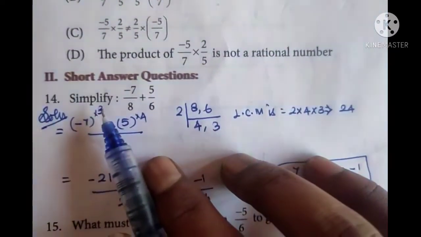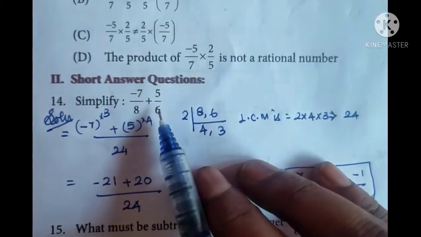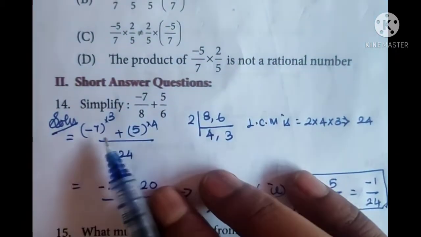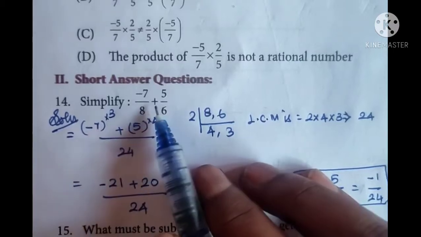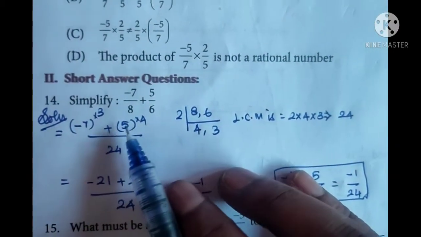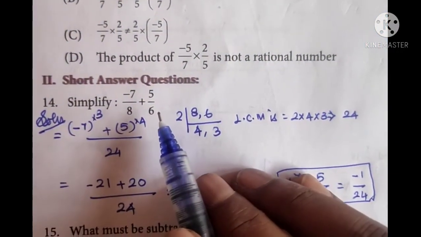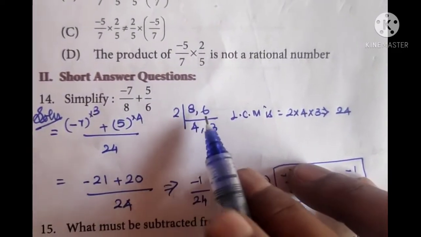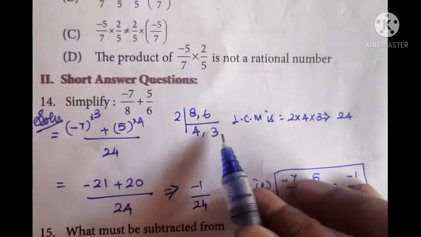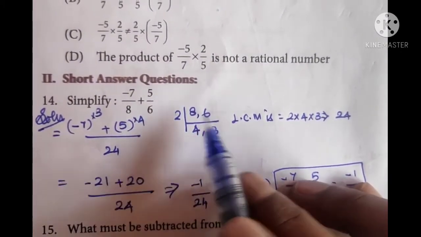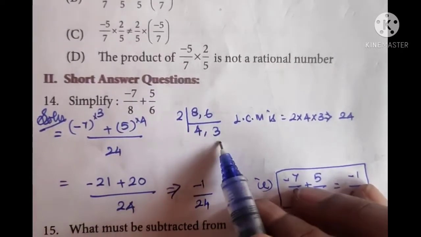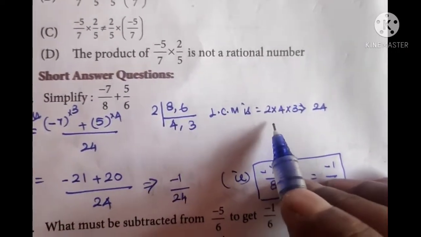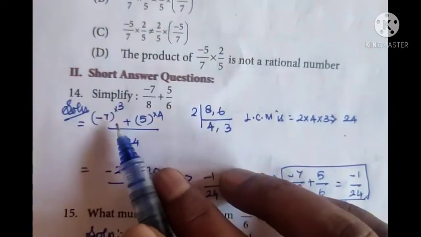Short answer question. Simplify minus 7 by 8 plus 5 by 6. Solution. Given minus 7 by 8 plus 5 by 6. Here denominators are not the same, so we find LCM for 8, 6: divided by 2, 4 into 2 are 8, 3 into 2 are 6, LCM is 2 into 4 into 3 equal to 24.